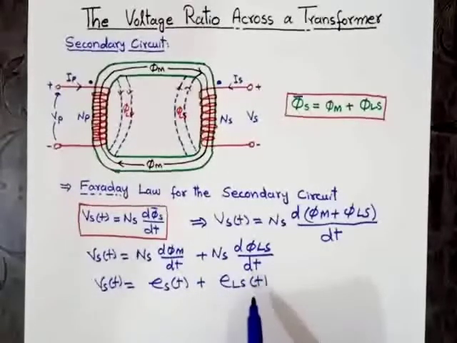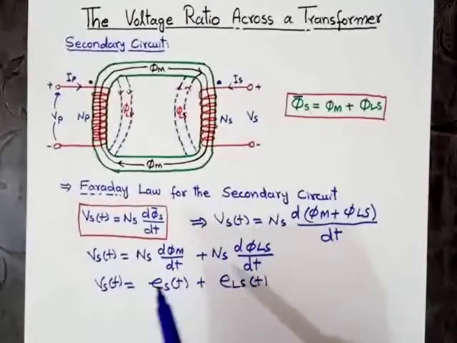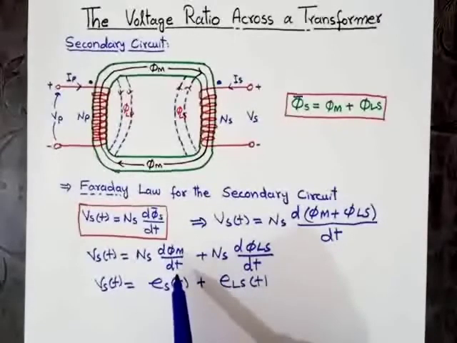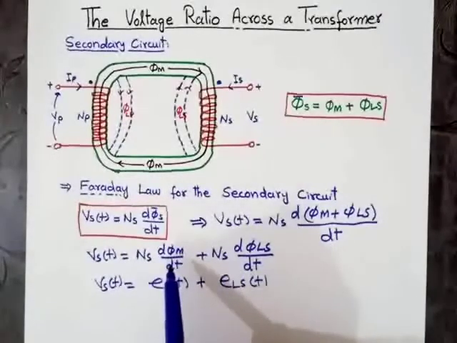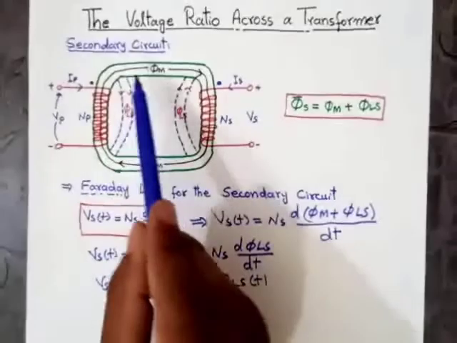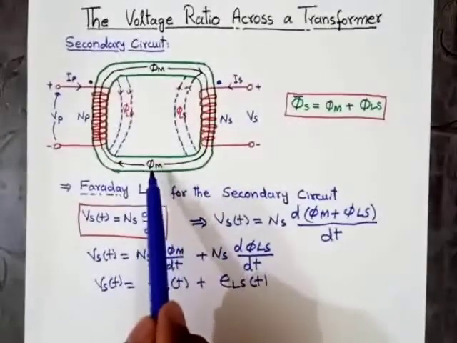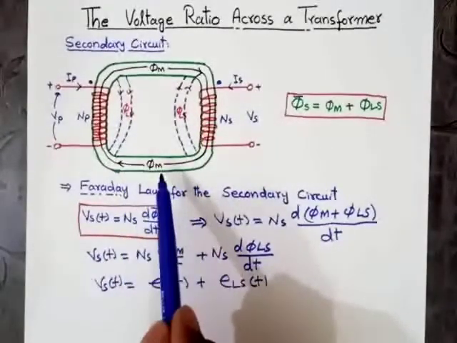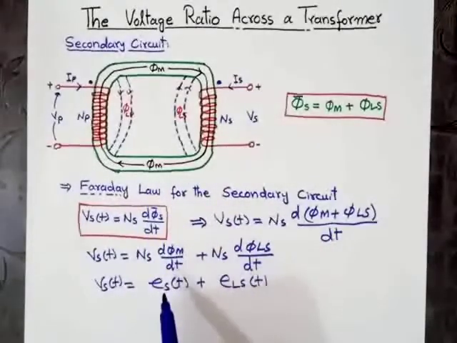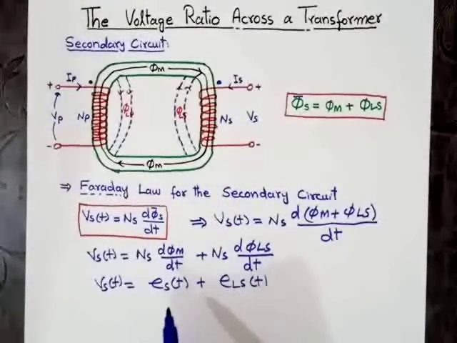The Elst voltage will be lost, and Est will be the actual voltage produced, because this voltage is produced due to the mutual flux, the flux which remains in the core. So this is the actual voltage produced in the secondary winding.